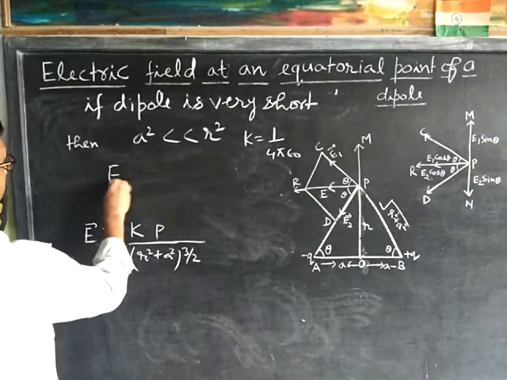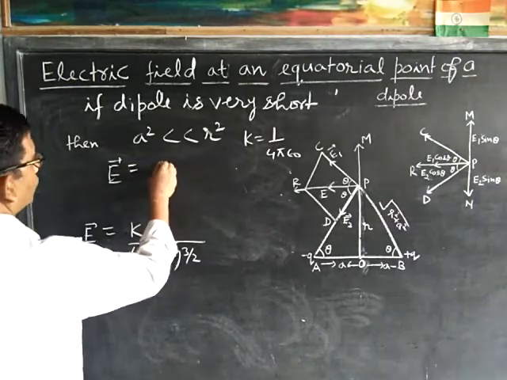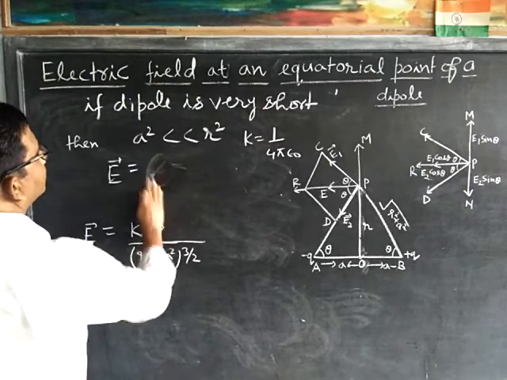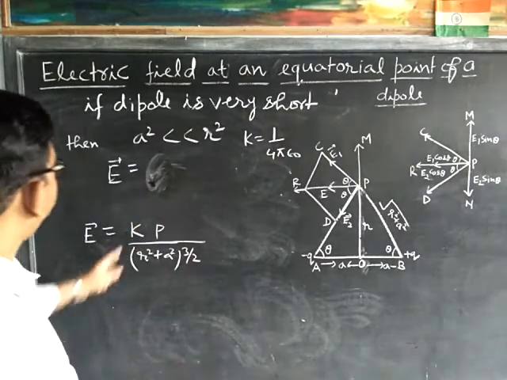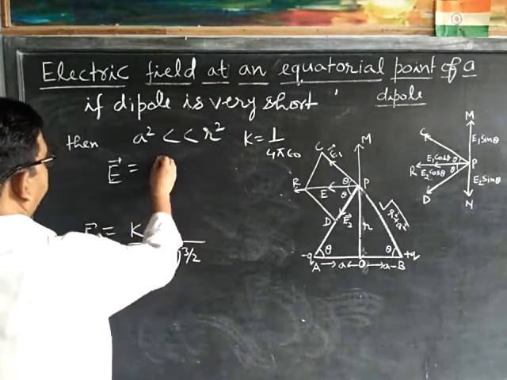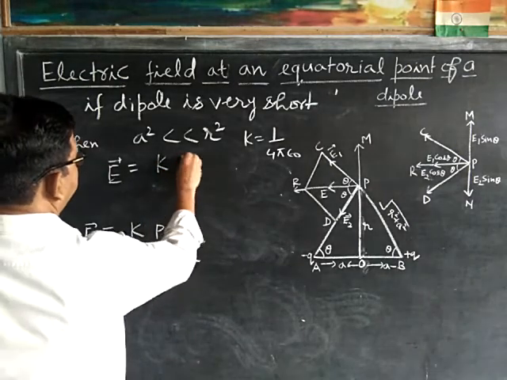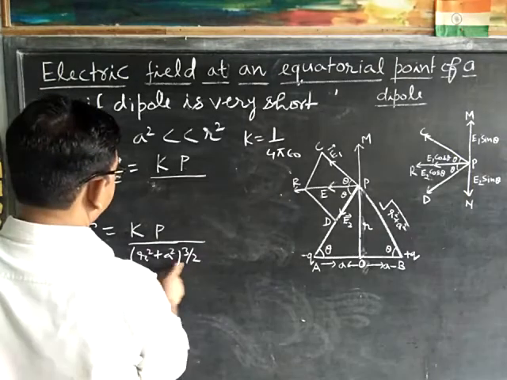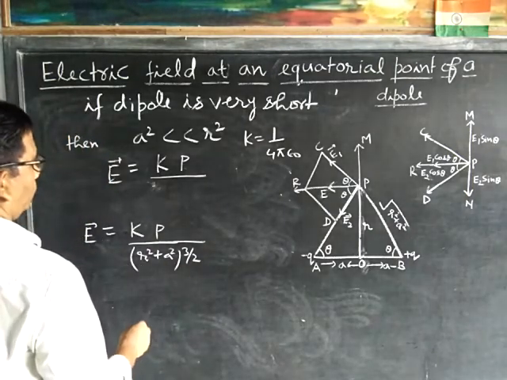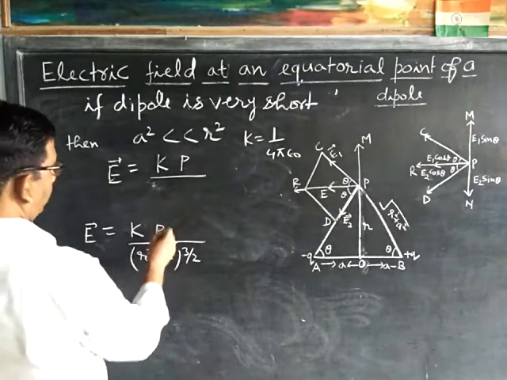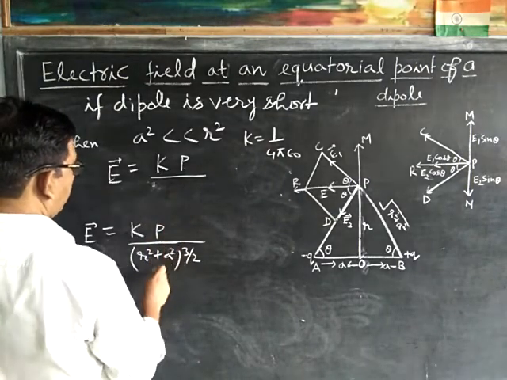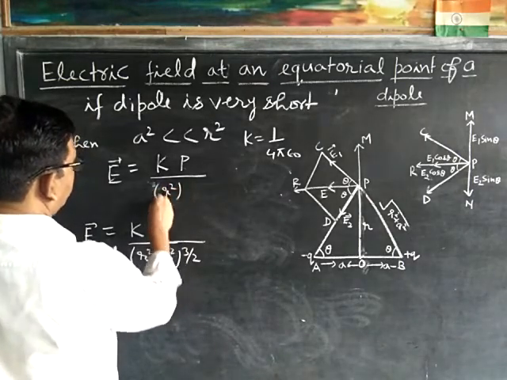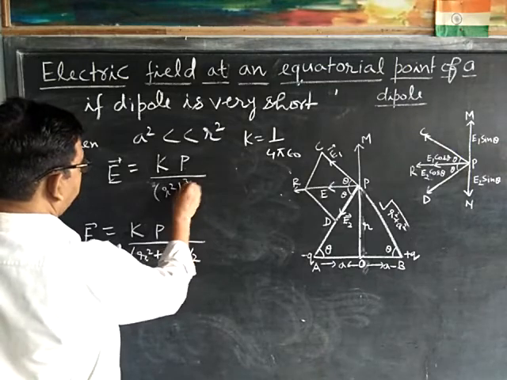Therefore E is equal to 1 upon 4 pi, now we write K P upon R power, we ignore it and it becomes r square power 3 by 2.